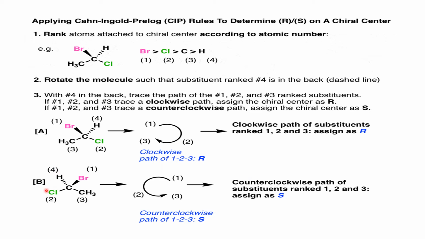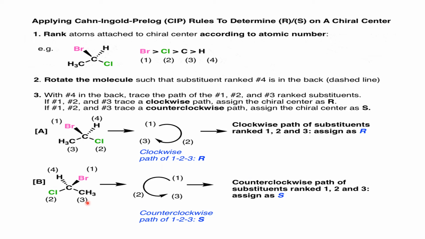So when I consider the second enantiomer, the highest priority is to bromine. I am placing hydrogen away from the viewer and the second priority is chlorine and the third priority is carbon. So our eyes move from first priority, second priority to third priority. Check again. First priority bromine, second priority chlorine, third priority carbon.